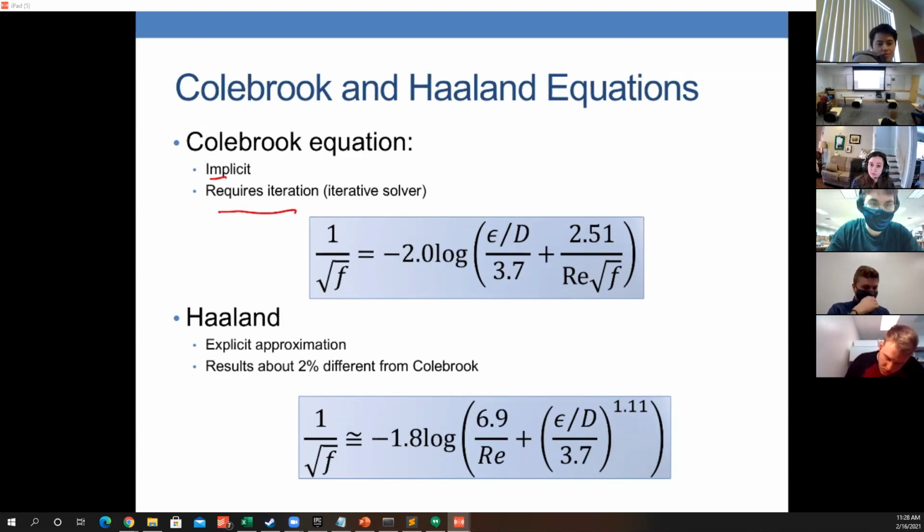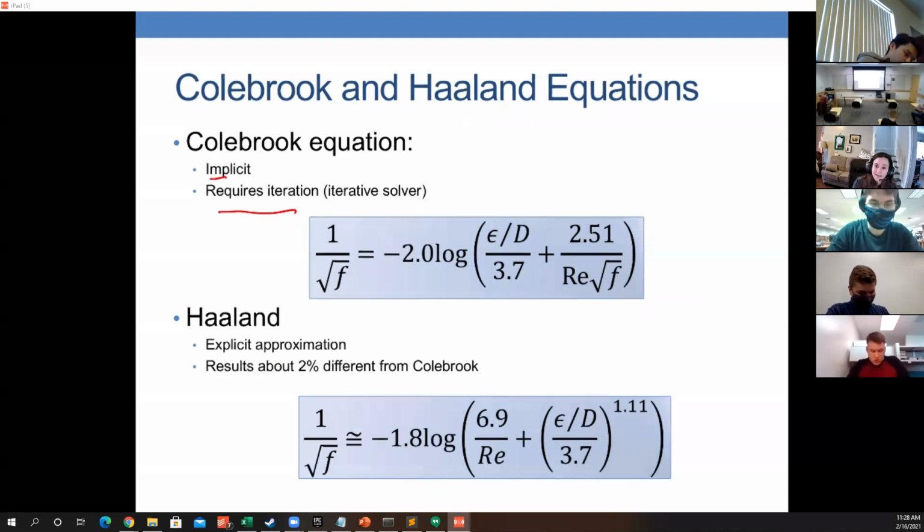So what you would do is you would guess some value for your friction factor, and then you would put it in, and you would use it to get a new velocity, which you would use to get a new Reynolds number, which you would use to get a new friction factor, and then you would keep doing that until your answers started to converge, and you would do that yourself by hand.